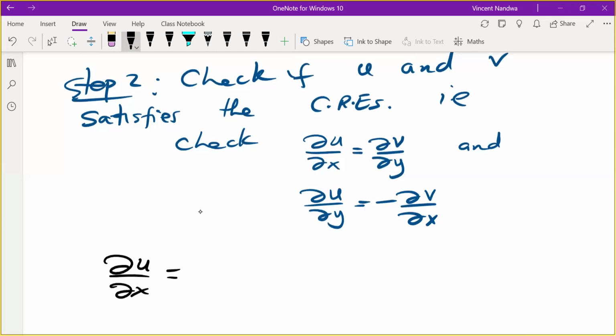So from the u function, what was our partial u partial x? 6x. And then partial v partial y?